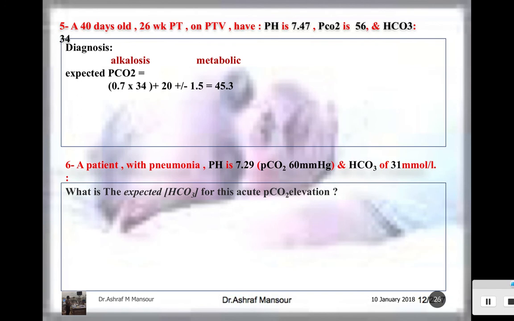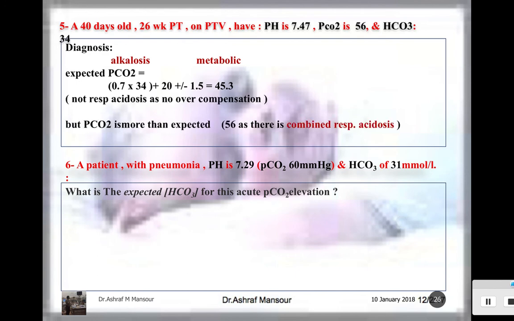So there is another respiratory element from the unhealthy lung causing CO2 retention, like in chronic lung disease. So this is a mixed disorder of metabolic alkalosis and an element of respiratory acidosis.